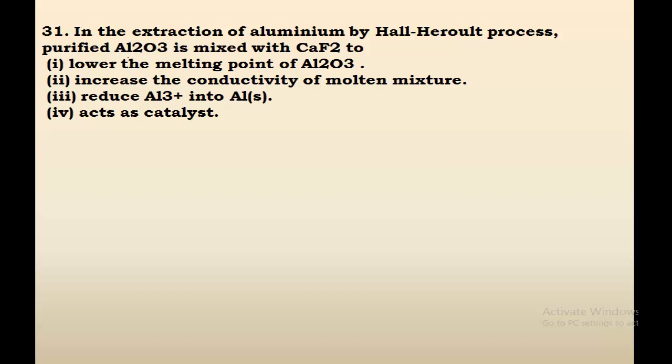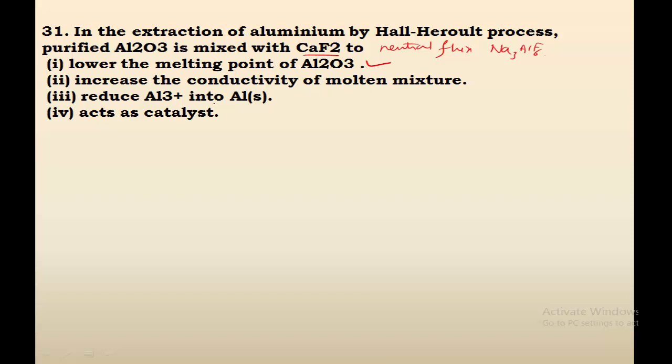31st, in the extraction of aluminium by the Hall-Héroult process, purified Al2O3 is mixed with calcium fluoride, a neutral flux, or you can also use Na3AlF6, that is cryolite. What is the advantage of that? It lowers the melting point of Al2O3. Right, one. Second, it increases the conductivity of the molten mixture.